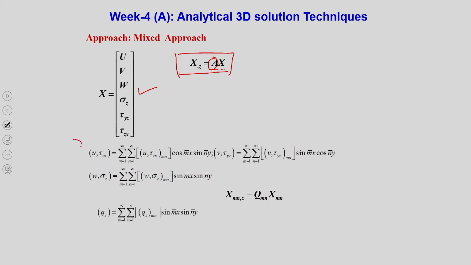So, substituting, now assuming a Fourier series combination like previous u, v and w. Now, we have 3 more variables, stress variables. What are those? Tau zx, tau yz and sigma z.